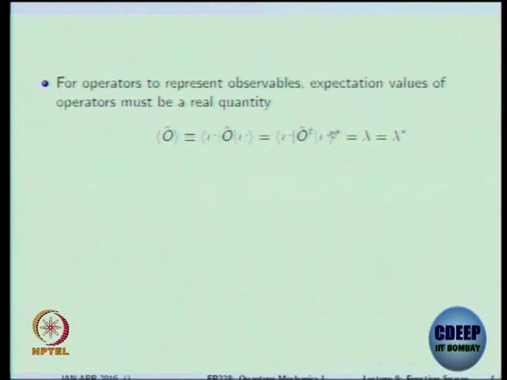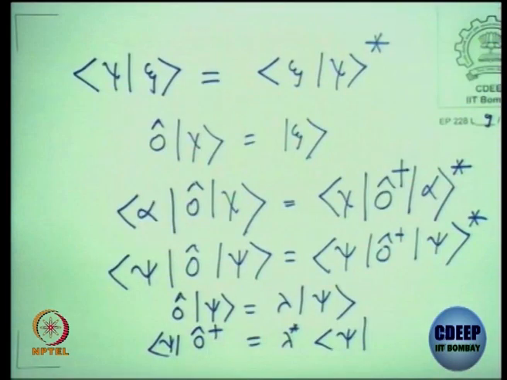Suppose I want to write psi O psi, and if you also insist O hat on psi is lambda times psi, where for any operator lambda could be complex. So if I want to write psi on O dagger, it is lambda star on psi.